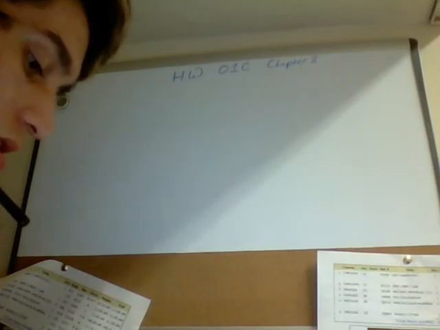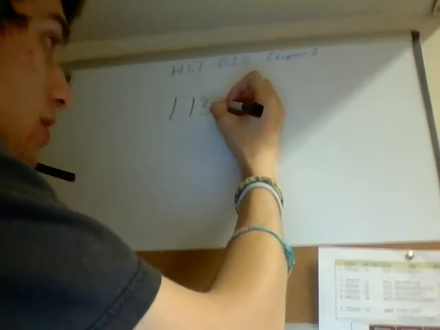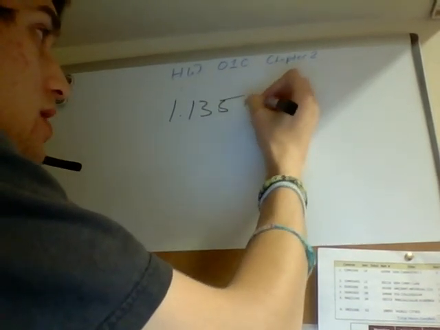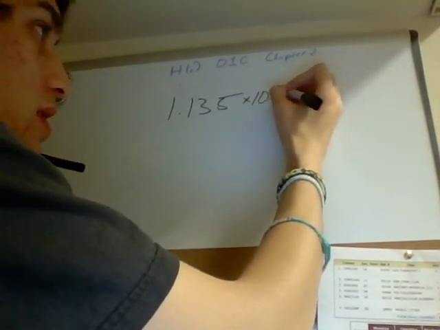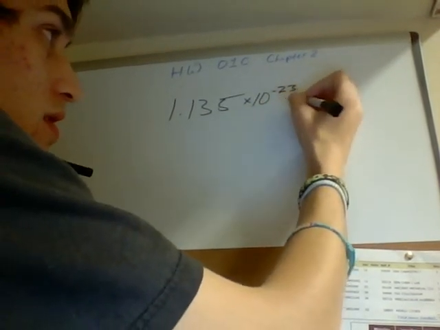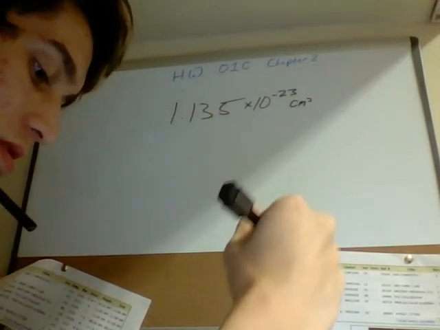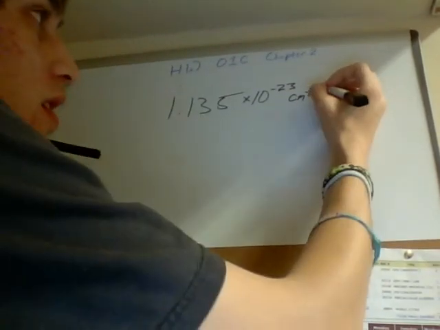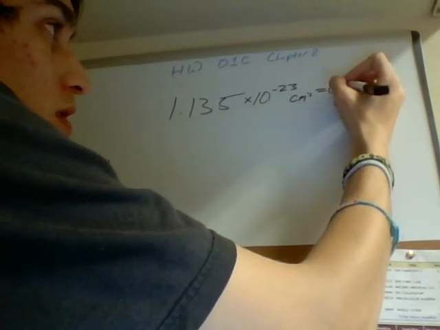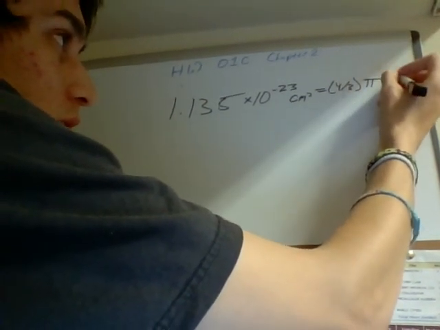So again, that's 1.135 something times 10 to the negative 23rd, so that's centimeters cubed per atom. Then it equals 4/3 pi r cubed.